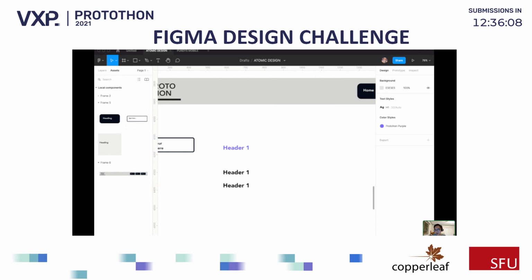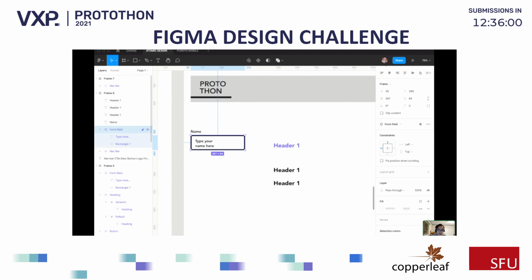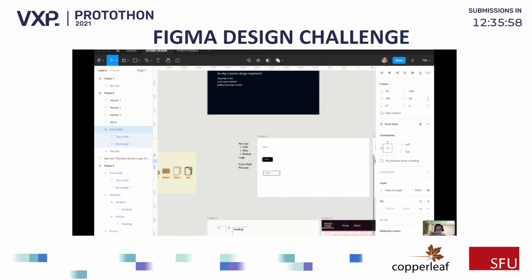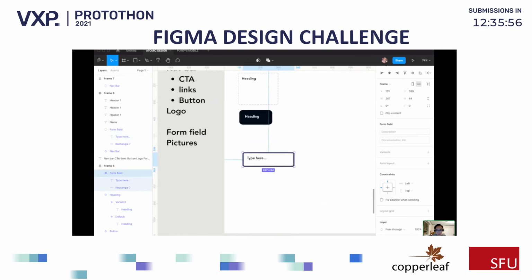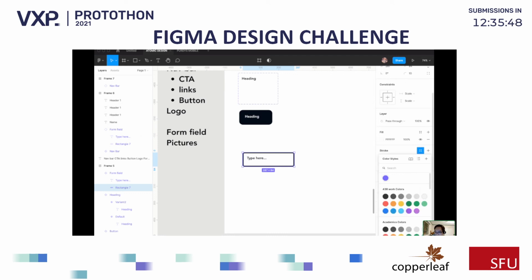Now I have this color style, Protothon purple, which can be used across any element that utilizes color within my files. If I go back to my atomic design and press my rectangle here, and I want my form field to have a stroke of purple, I can simply go to my color style here, and I can see it's Protothon purple.